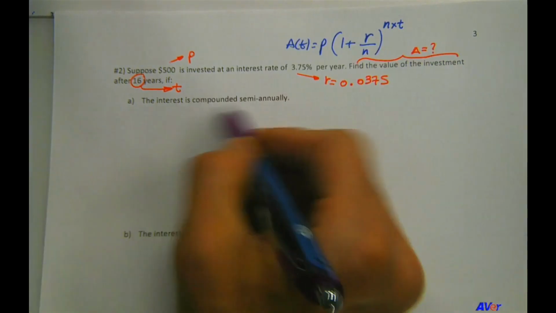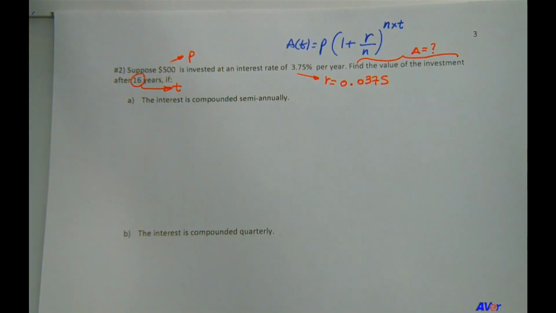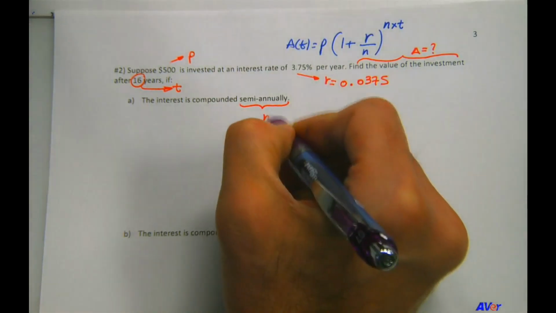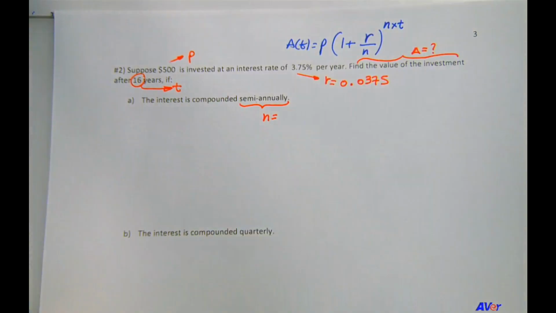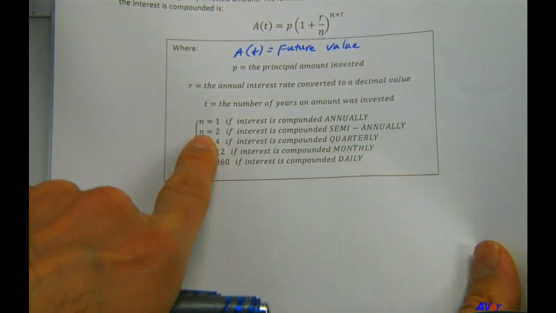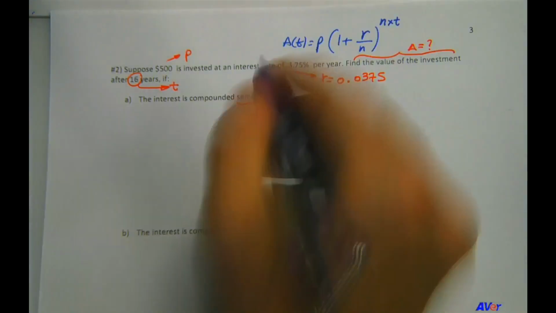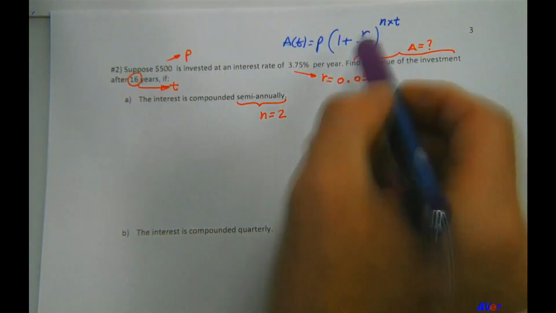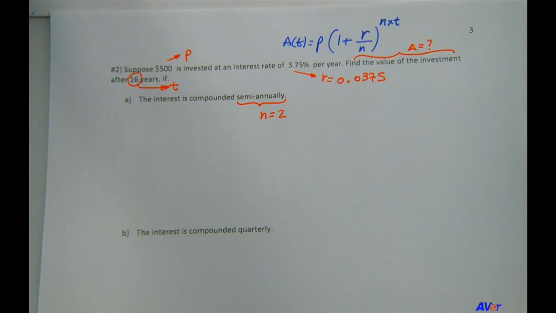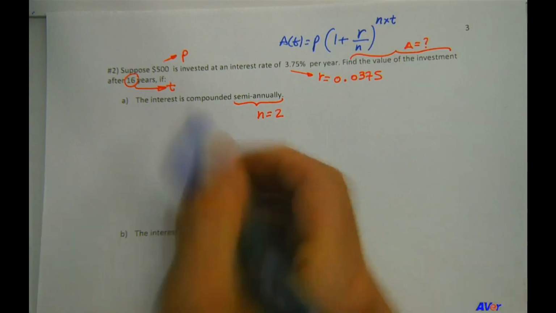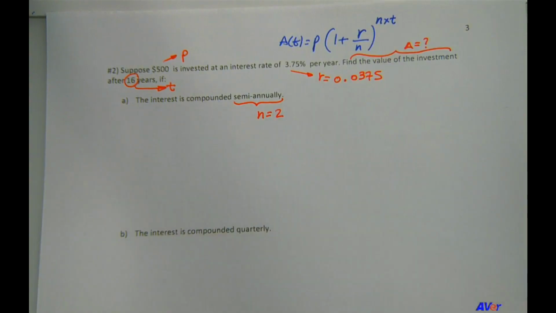The interest is compounded semi-annually. So semi-annually, that means N is equal to, do you remember? If interest is compounded semi-annually, N equals 2. So we have everything we need to answer that question. Please pause the video and run through this calculation on your own and then come back.